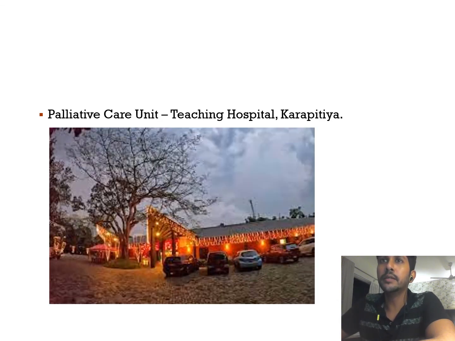And another example is the palliative care unit that was established in the teaching hospital Karapitiya, and I had the privilege of conducting some staff training in this institution. It looks more like a resort than a part of the hospital. One of the leading oncosurgeons there has been able to draw funds towards developing this huge project, a very inspiring project actually.